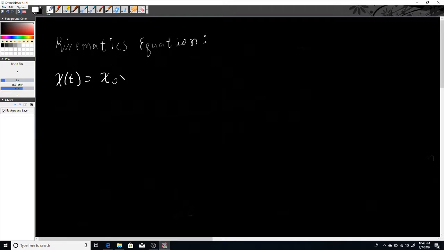So this is the initial position in the x direction, plus the initial velocity in the x direction, times time, the time that the object is moving, or the particular time that we're looking at. The initial velocity is the velocity that the object is moving in the x direction when we start looking at it, plus 1/2 of a times t squared, a being acceleration, t being time.